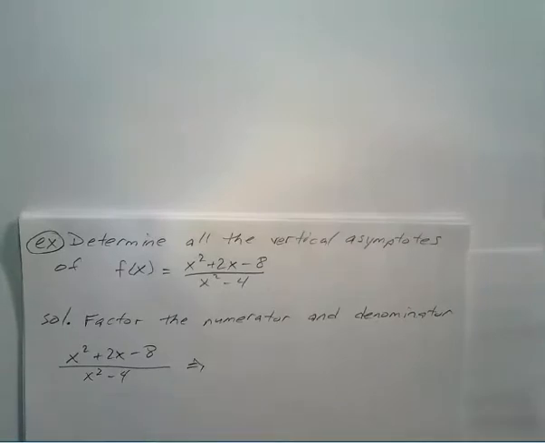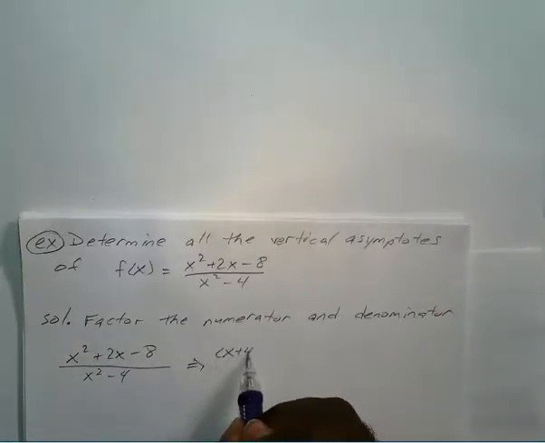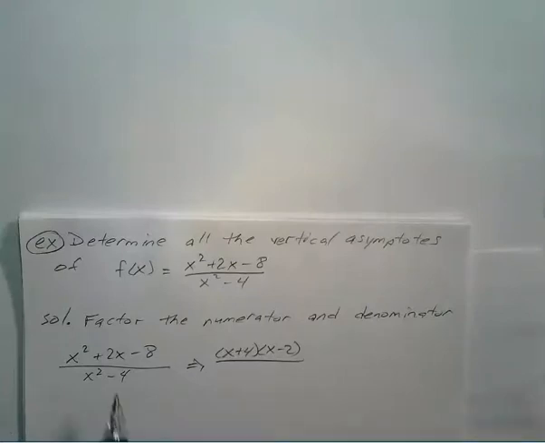Factored out, you have x plus 4 times x minus 2, all over a difference of squares here, so that's x plus 2 times x minus 2.